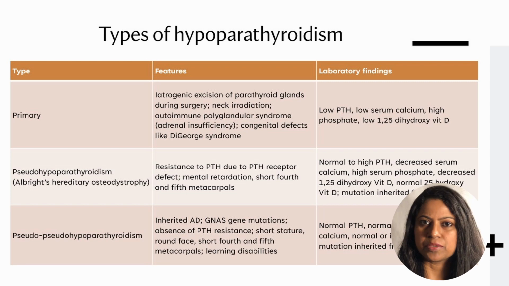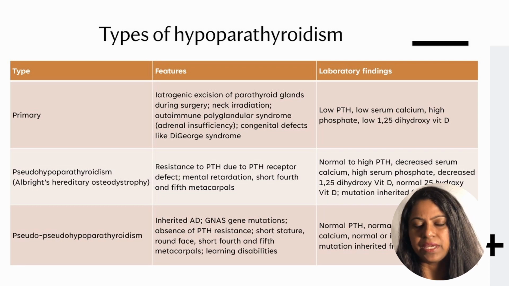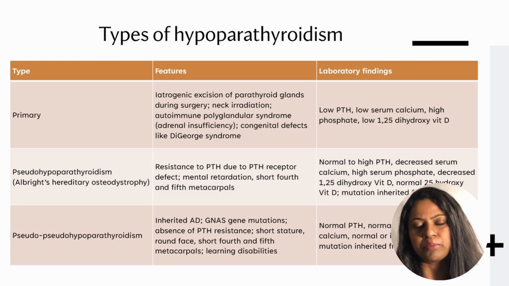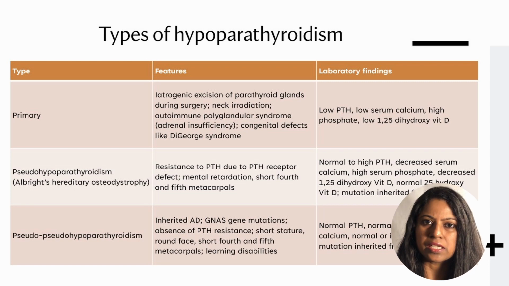There are three types of hypoparathyroidism. The most common is primary hypoparathyroidism, followed by pseudohypoparathyroidism, and the last one, pseudopseudohypoparathyroidism. The most common cause of primary hypoparathyroidism is iatrogenic, that is surgical excision of the parathyroid gland while doing thyroid surgery like a lobectomy or a partial thyroidectomy.